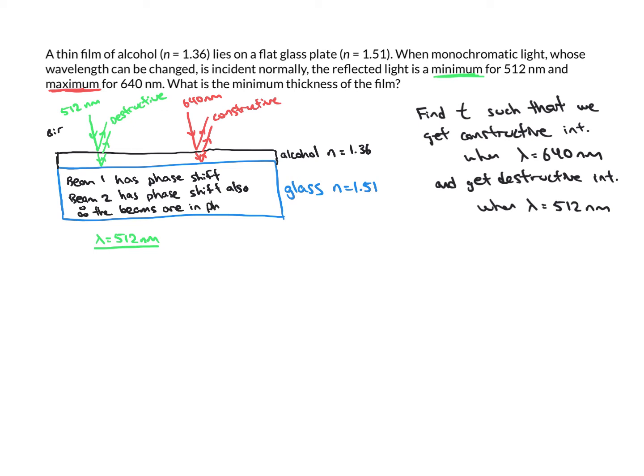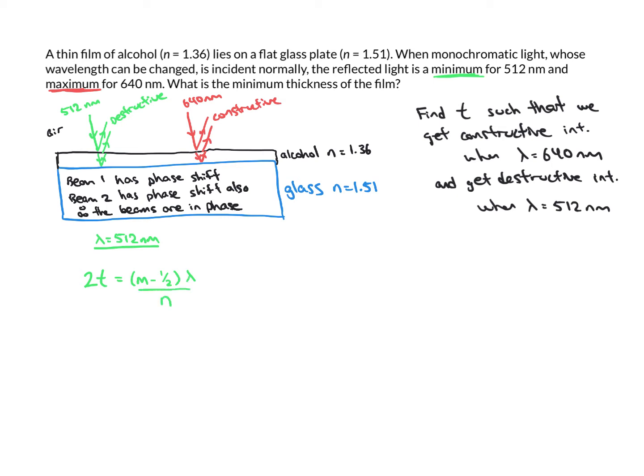And with all of that thought about and analyzed, we can now pick out the equations we need. So for the green light, the beams have got to be in phase, and it's got to be destructive interference. So 2t, in that case, to make a destructive interference, they would have to be off by a half wavelength in the film.